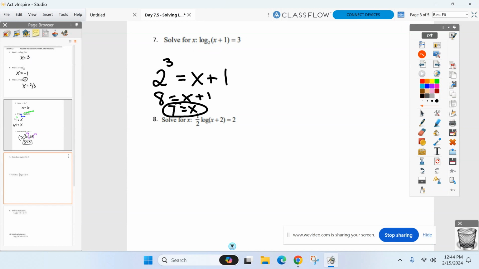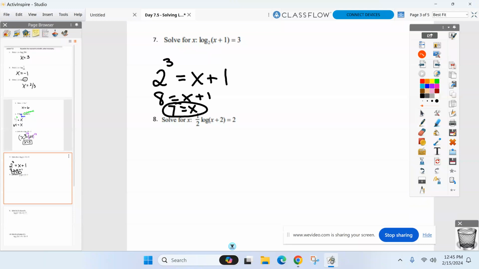Before we start on number 8, I'm not going to say anything. You know what the deal is. I'm not going to ask somebody to transform it. Why not? It's got to be by itself, right? Just like we've done every single thing this unit. It's got to be by itself before we do something special. And I've got to get the 1/2 out of there.